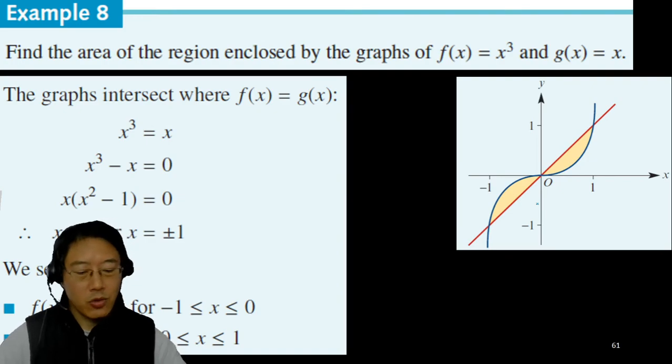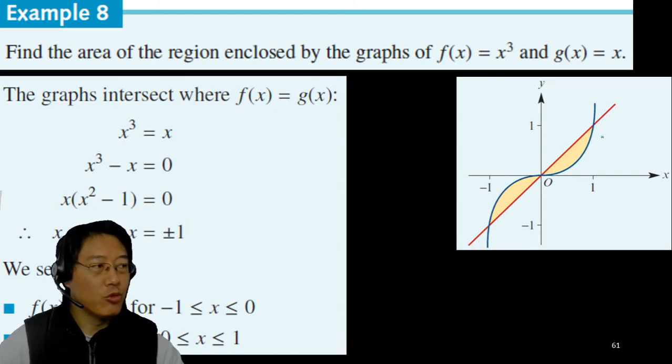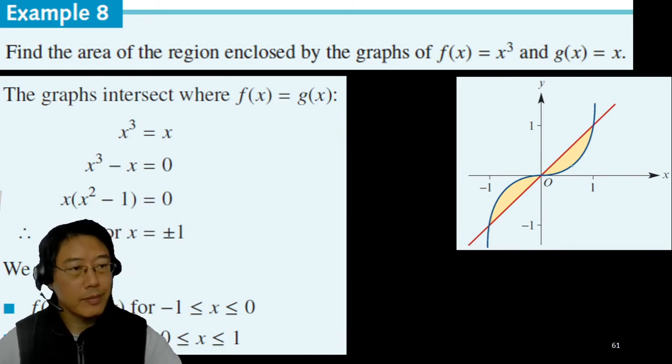Okay, so when you do your integral, you want to find the area, so from -1 to 0 we can do f minus g, but from 0 to 1 we're going to have to do g minus f to find the area. You have to do the opposite.